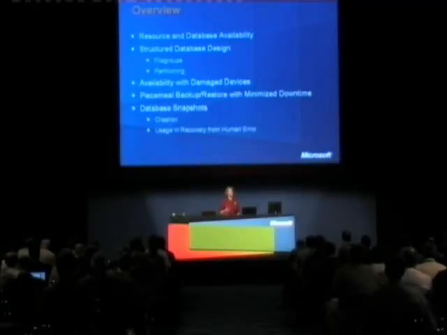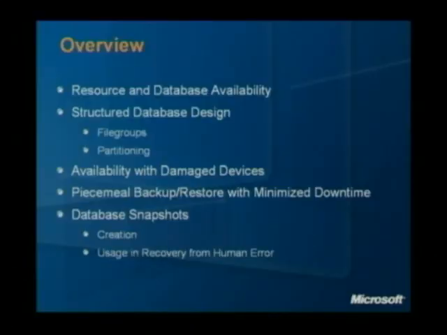So what we're going to look at here is what happens when resources become damaged and unavailable. We'll look at how you can strategically create a database in such a way that it will be more likely to stay available. I don't want to use the term partition tables, because you don't have to use the new SQL 2005 feature to benefit from the availability features I'm going to talk about.